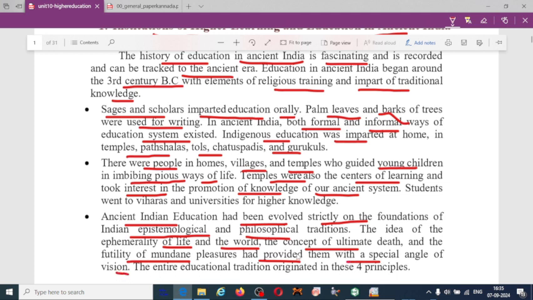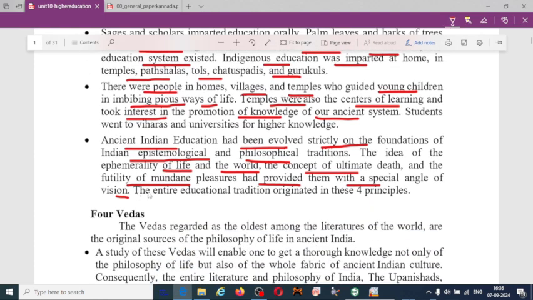Overall, education at the higher level in ancient India usually covered how we have to live life, and how things happen from the birth to the end of life. The entire educational tradition originated in four principles.